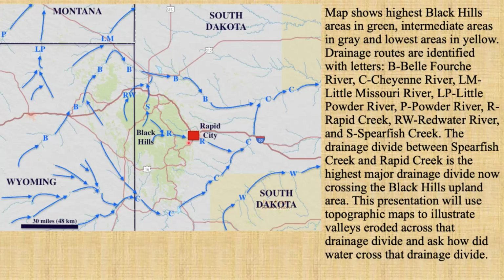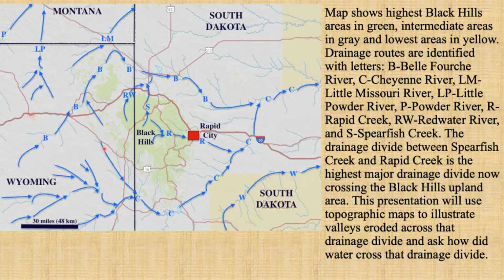Now, Rapid Creek, as you can see here, starts out almost right at the Spearfish Creek location, and then it flows in a southeast direction, comes down off the high Black Hills, just as Spearfish Creek does, and it joins the northeast-oriented Cheyenne River.